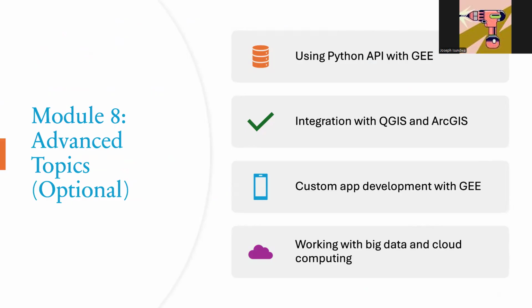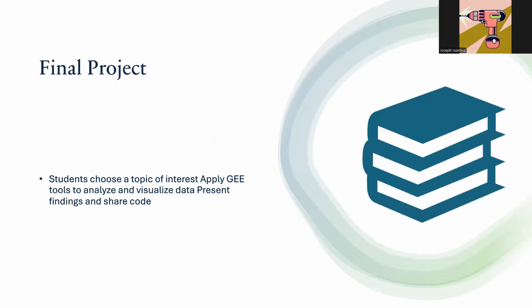We can see how the Python API is used when it comes to Google Earth Engine usage. We can see integration with QGIS or ArcGIS, custom app development using Google Earth Engine, and then we can see how big data and cloud computing relate to Google Earth Engine.